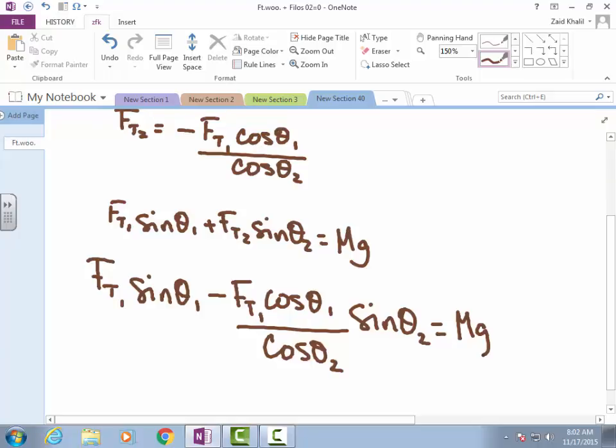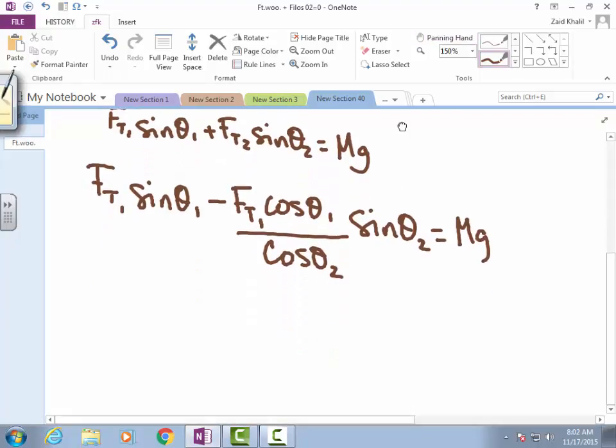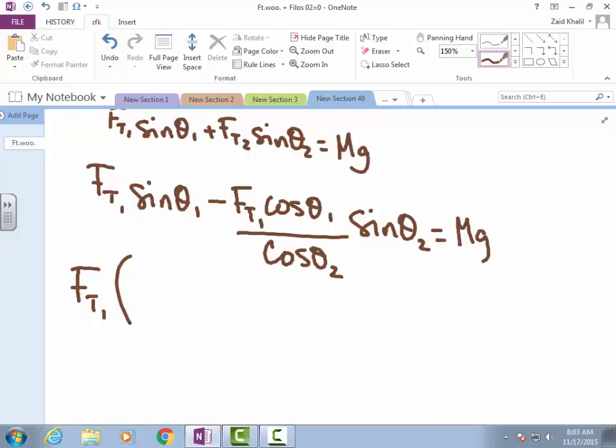Solve for ft. What do we get? We can factor out ft1. Then what? Multiply the first term by cosine of theta 2 divided by cosine theta 2. Meaning we're multiplying it by what? By 1. By a strategic 1.